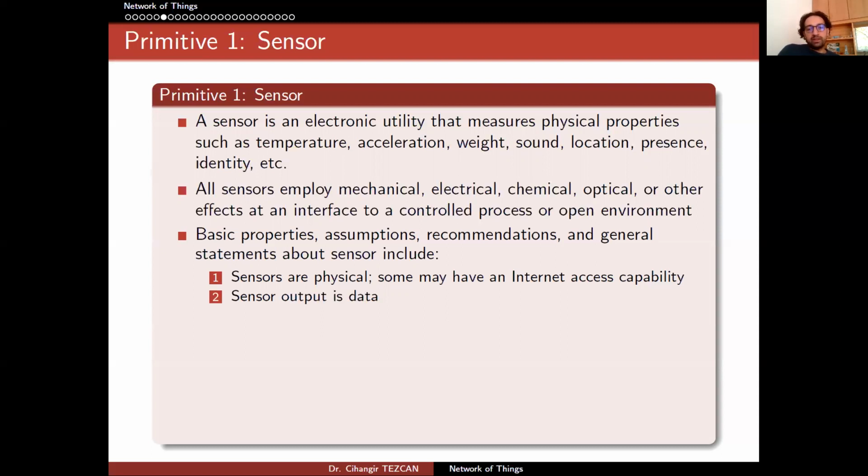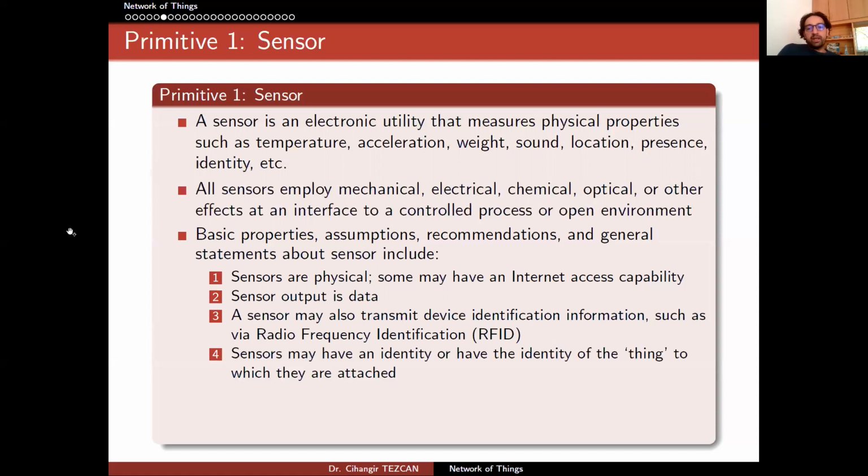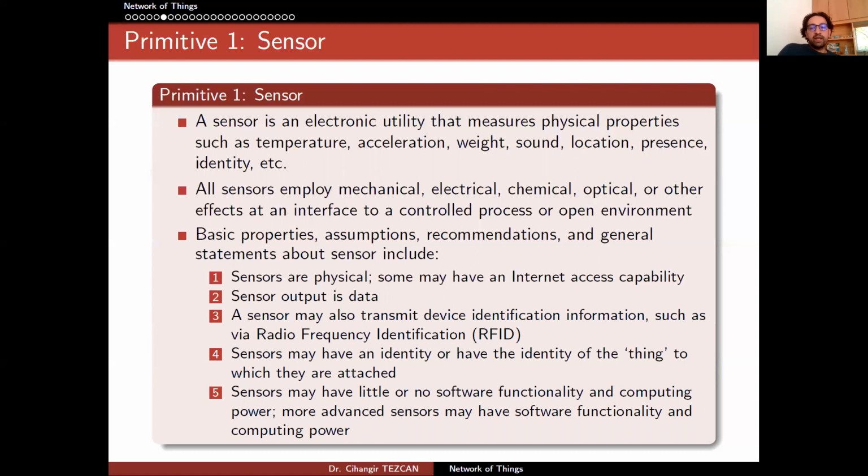Sensor output is data. A sensor may also transmit device identification information, such as via radio frequency identification. Sensors may have an identity or have the identity of the thing to which they are attached. Sensors may have little or no software functionality and computing power. More advanced sensors may have software functionality and computing power.